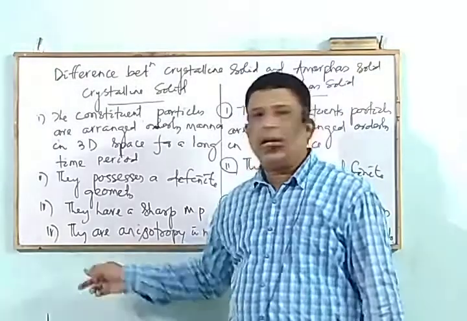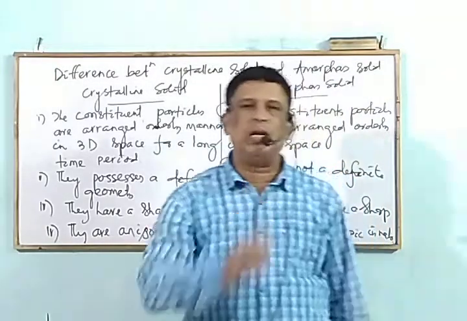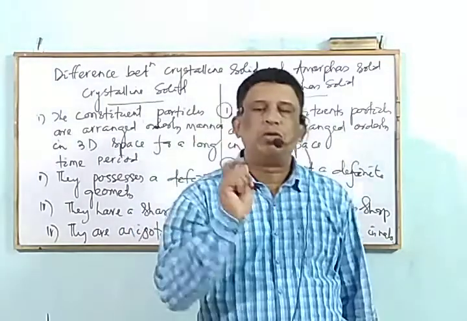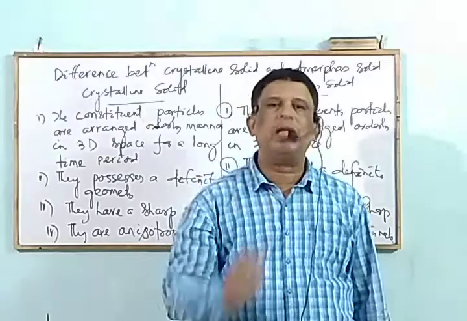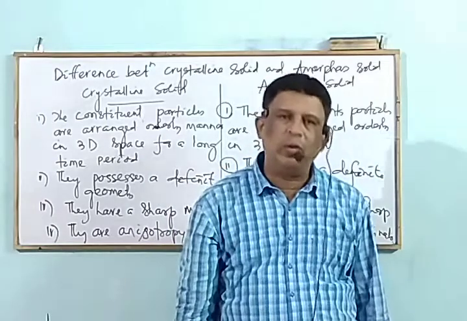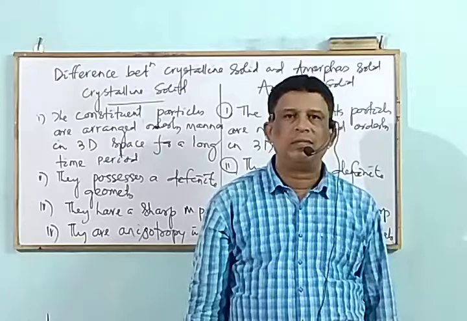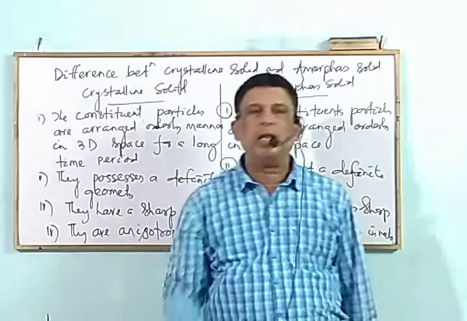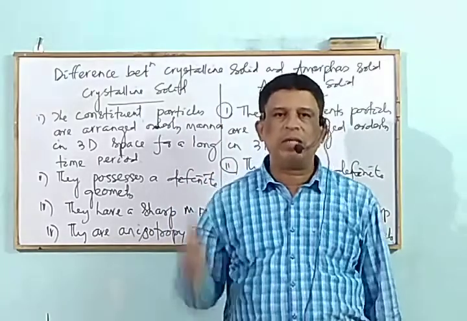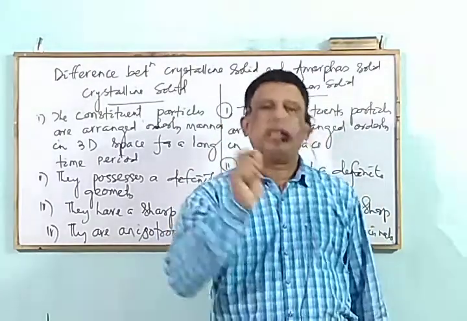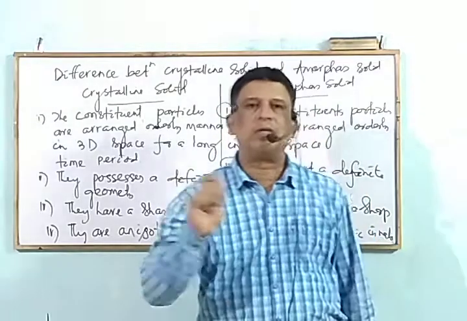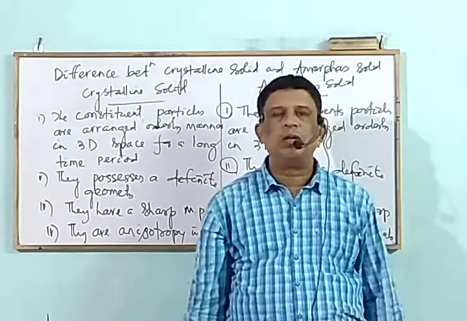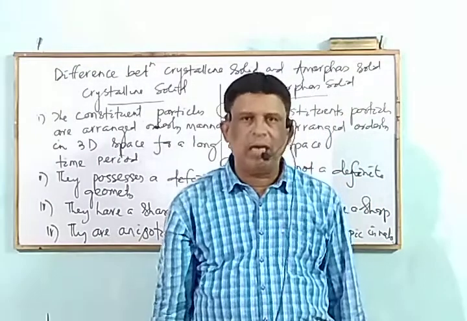Next, crystalline solids are known as true solids, while amorphous solids are known as pseudo solids, false solids, or supercooled liquids. These are the differences between crystalline solid and amorphous solid. Very, very important 2-mark question for this chapter: distinguish between crystalline solid and amorphous solid. Next, we'll go through the classification of crystalline solid.